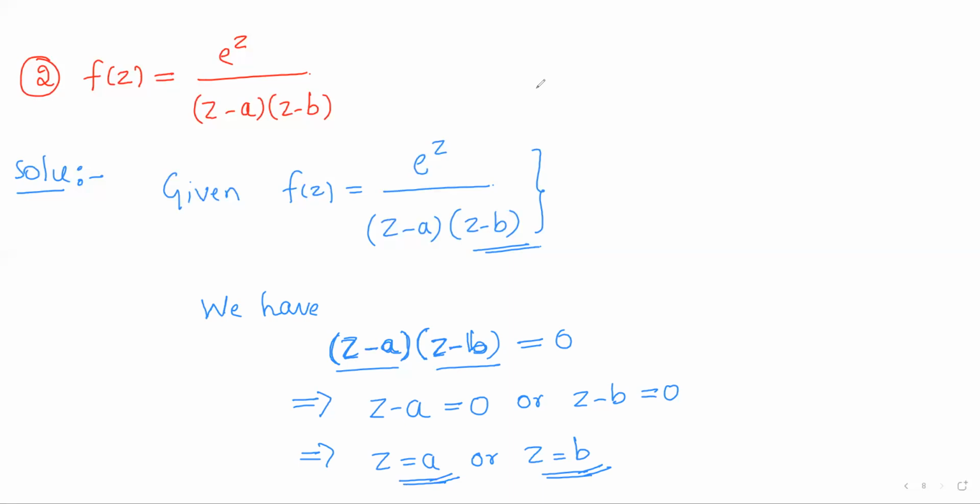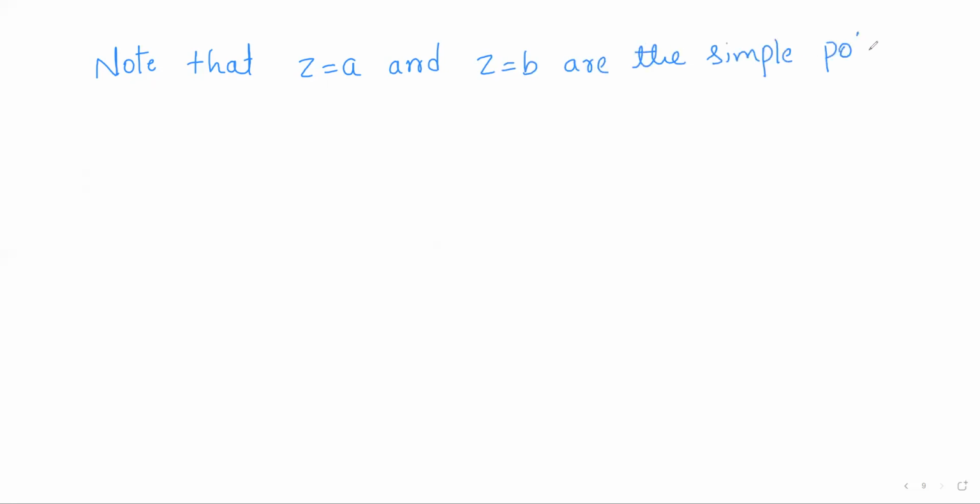So the order of that zero is nothing but the number of factors with respect to that pole. So note that z is equal to a and z is equal to b are the simple poles of f of z. So we got the poles of f of z.